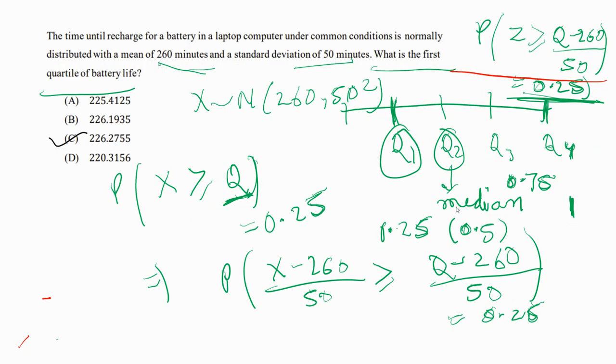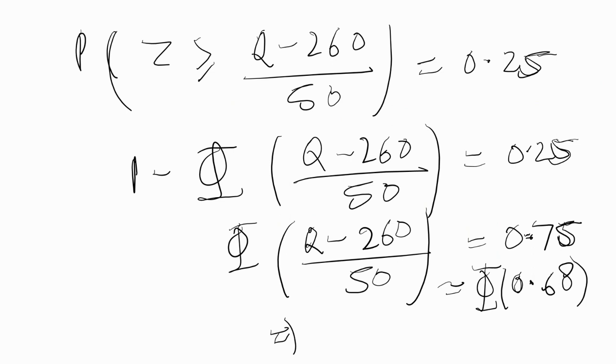Okay, there is some mistake. What is the first quartile of the battery life, will be less than or equal to q? Sorry for this confusion, it will be less than. So it will not be this. If you subtract it, you need to subtract it from both sides.